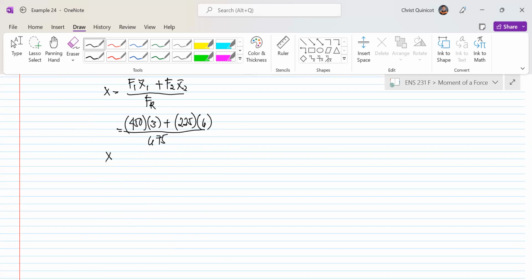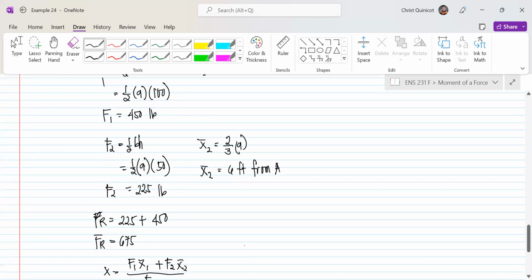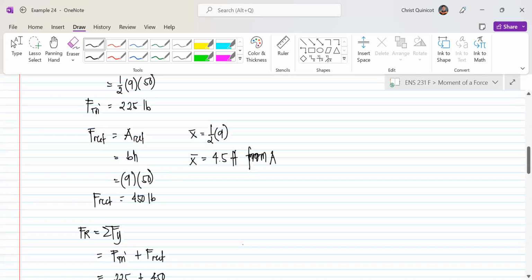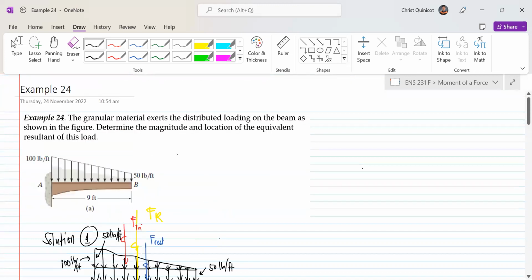So our X, which is the location of our resultant force from A, 450 times 3 plus 225 times 6 divided by 675, is still 4 feet from A. Okay, so we have two options as to how we're going to solve this kind of problem.